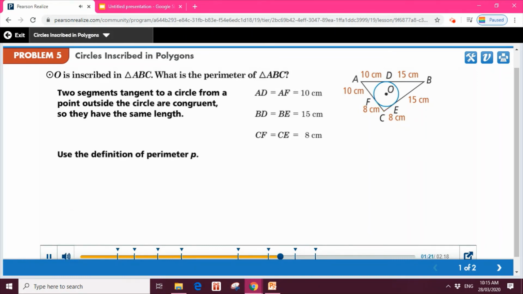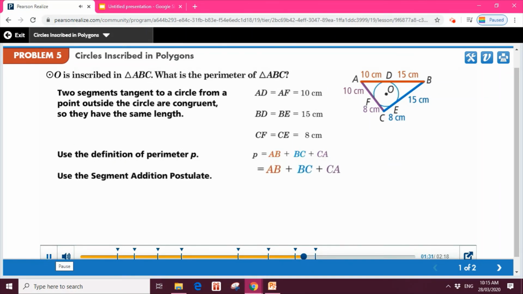Now use the definition of perimeter, P. Use the segment addition postulate. Now substitute.